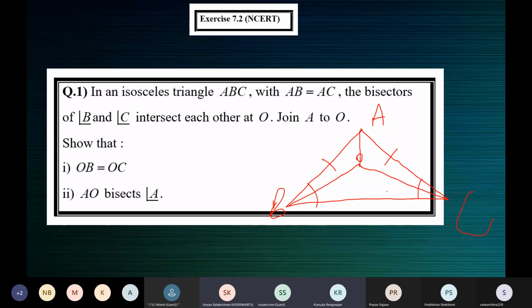Yes, ma'am. So we need to show that OB is equal to OC.